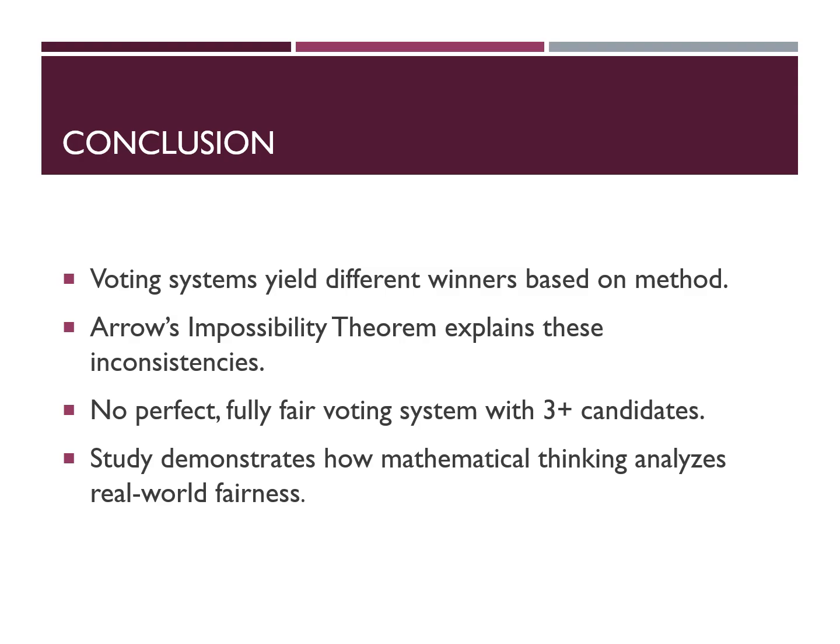Under the plurality method, Bob Smith emerged as the winner with 41.7% of the votes, while the Borda count resulted in a tie between Alice Johnson and Bob Smith, each earning 98 points. These inconsistencies illustrate Arrow's impossibility theorem, which states that no voting system can perfectly satisfy all fairness criteria when there are three or more candidates.